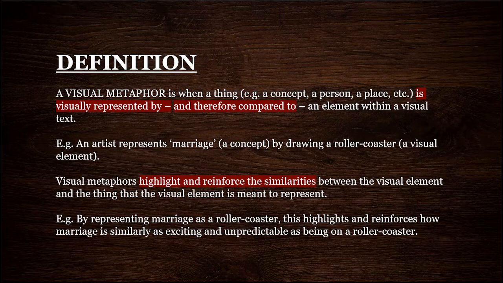If all that sounds quite confusing, hopefully the examples that I've included will clarify things. For example, an artist may use a visual metaphor to represent marriage, which is the concept, by representing it as a roller coaster. So essentially what's happening is the artist is comparing the concept of marriage to a roller coaster. Okay, so keep that in mind.